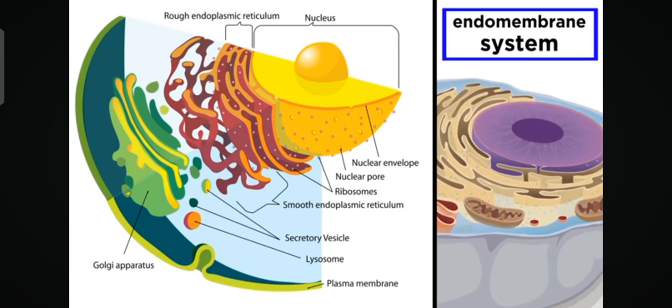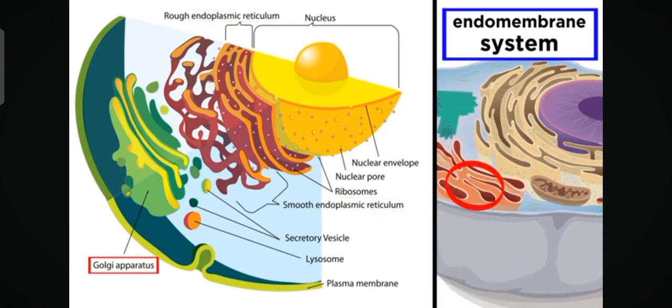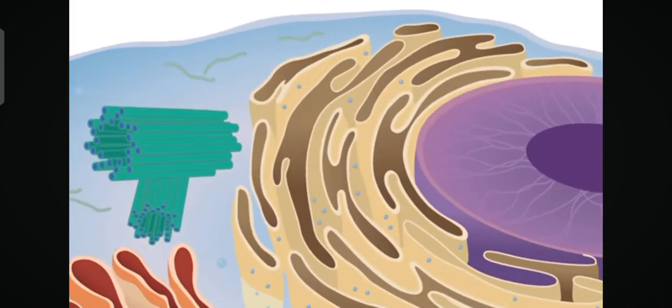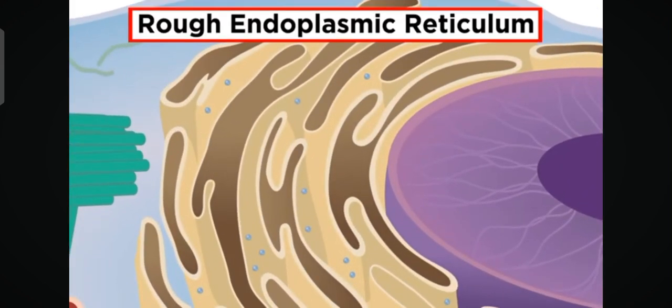This is a set of membrane-bound regions, which consists of the nuclear envelope, the rough and smooth endoplasmic reticulum, Golgi apparatus, and lysosomes.